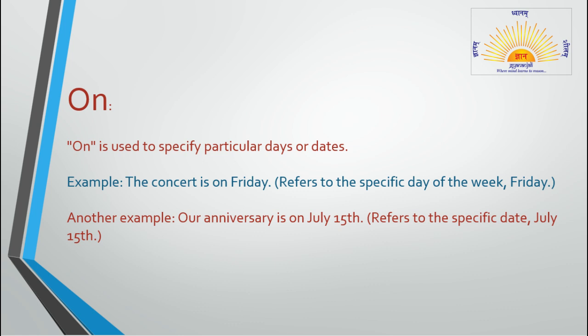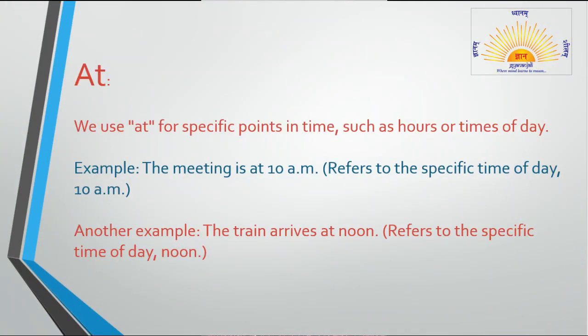At. We use at for specific points in time, such as hours or times of day. Example, the meeting is at 10 a.m. Here at refers to the specific time of day, that is 10 a.m. Let's look at another example.